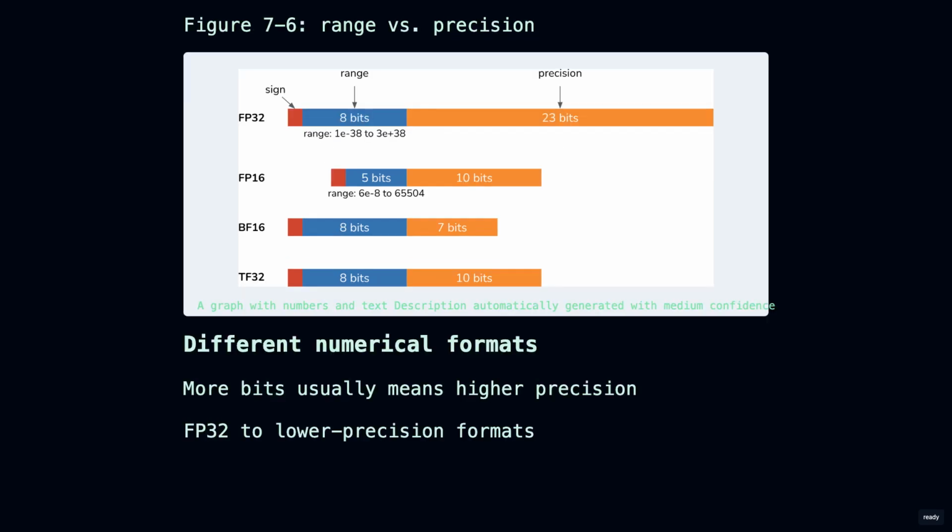The table below shows examples of what happens when FP32 values are converted into smaller formats. Keep an eye on where the last digits change because that is where precision is being lost.